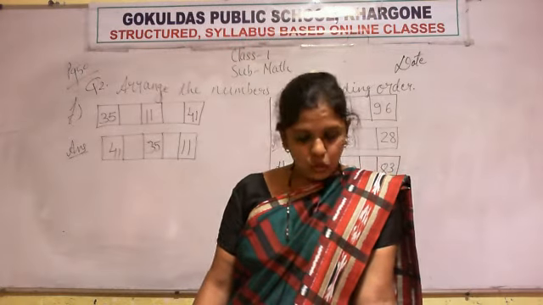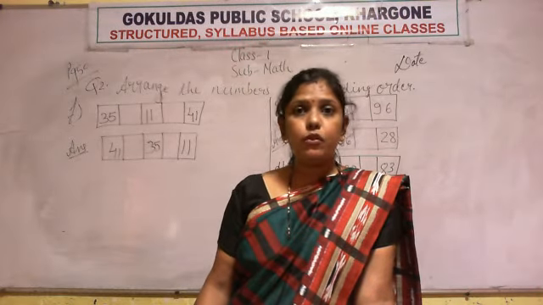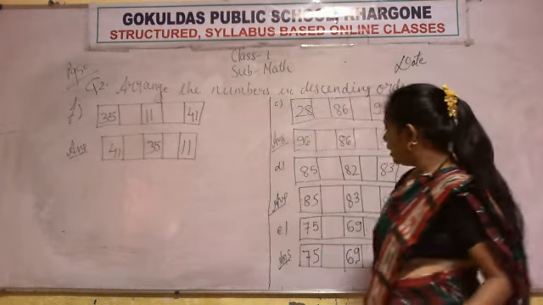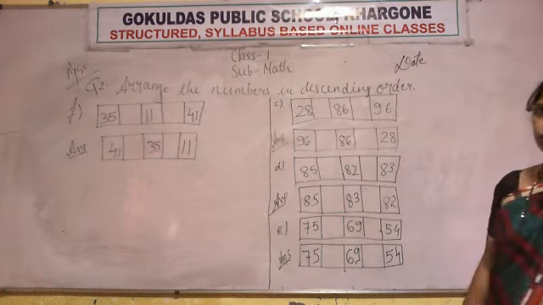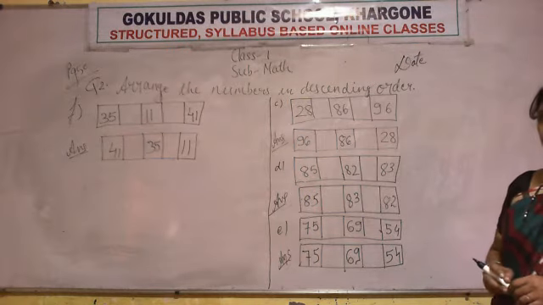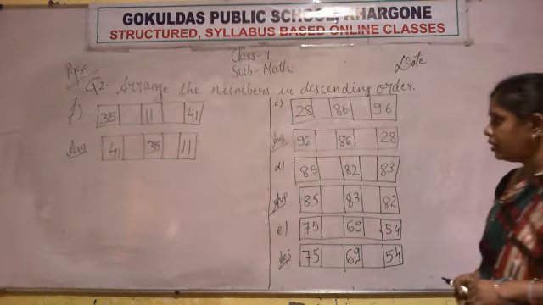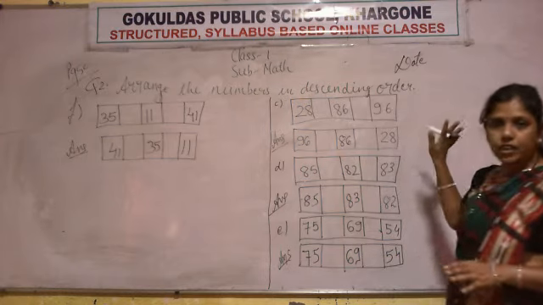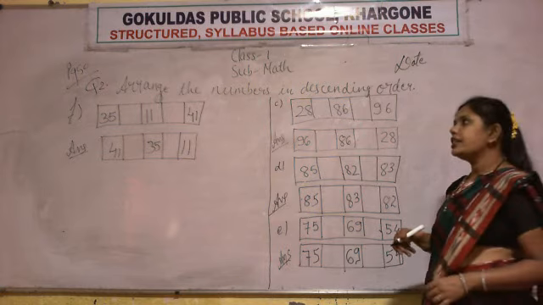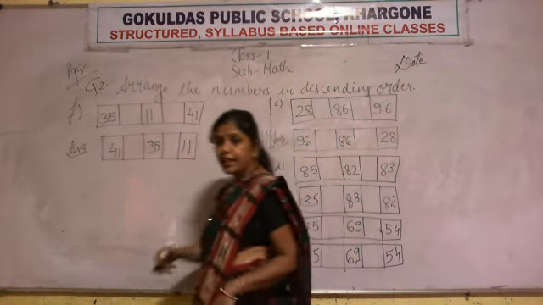Okay. So today again I will give you some homework questions. I hope all of you have written all this classwork. Have you done it? So may I give you some questions as homework? No need to write the question again, because the question is the same: arranging in descending order.